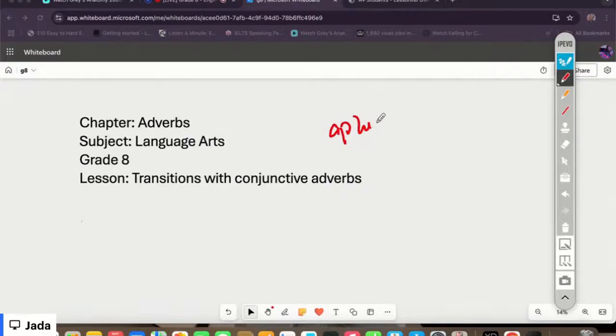So first you log in using aplusstudent.com. Click on your name, move on to Language at Grade 8.